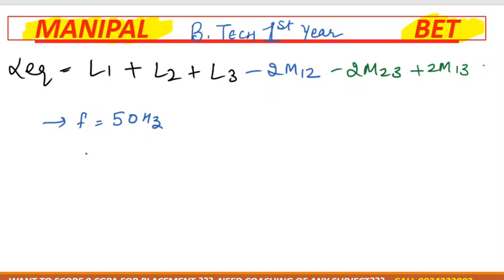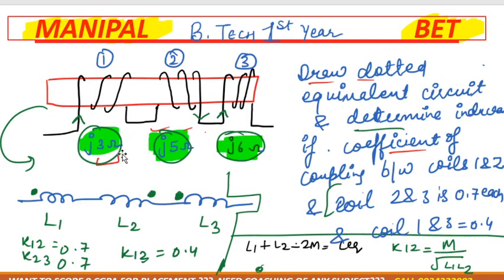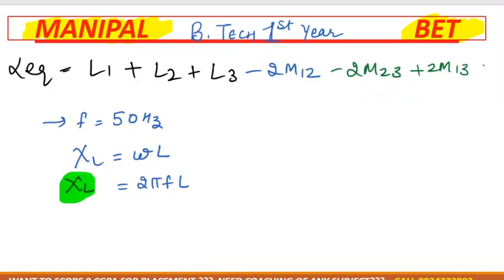As you know, XL is equal to omega L, and omega L is 2 pi f L. Instead of giving you L, they gave you XL because they have mentioned ohms.